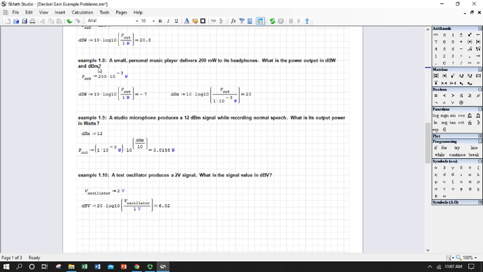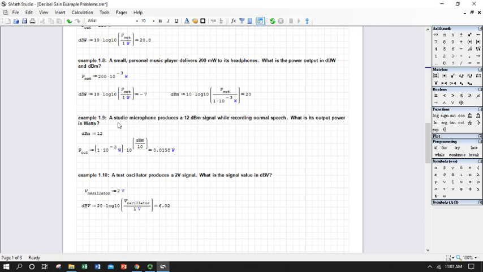You could use any reference you wanted. You could say, hey, express that power on a decibel scale reference to 1/4 of a watt or 1/2 a watt or 1,000 watts. Doesn't matter. You just put whatever that reference is in the denominator. So this time it was these two.